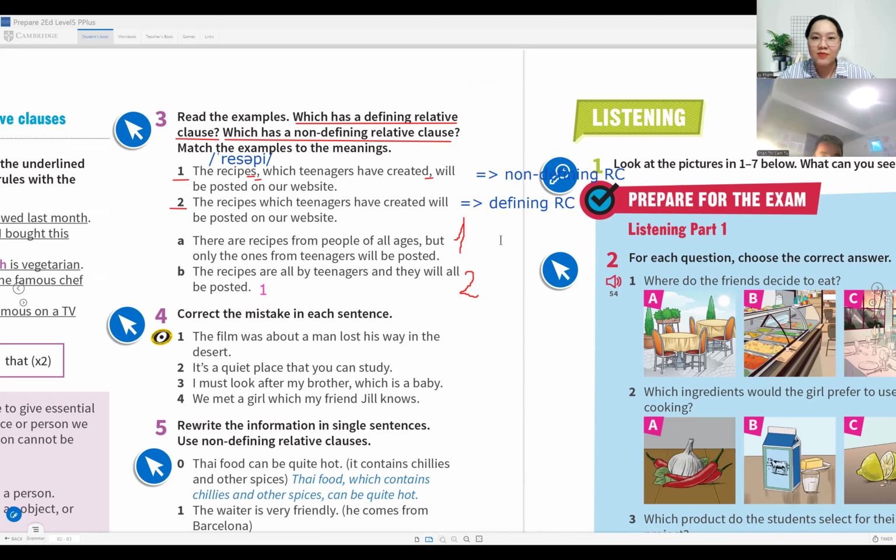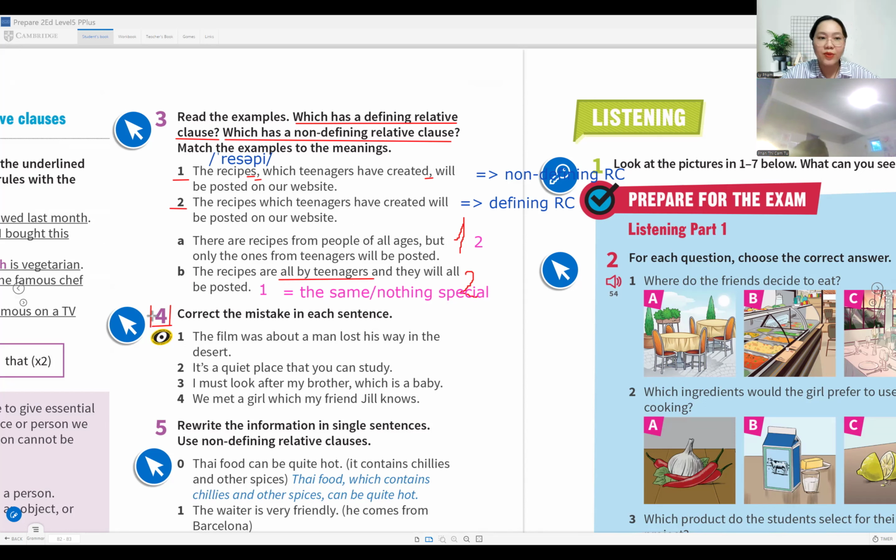So that must be number two. Is that okay? Yes, all by teenagers here means the same, nothing special. Because there is nothing necessary, we can delete it. Okay, now let's move on.